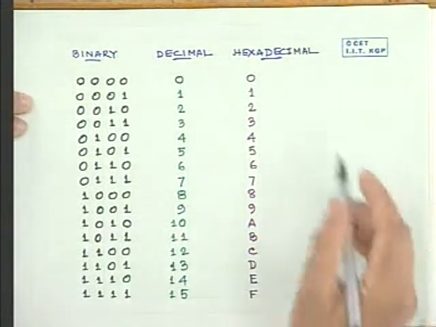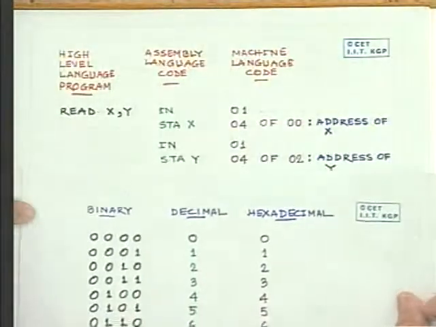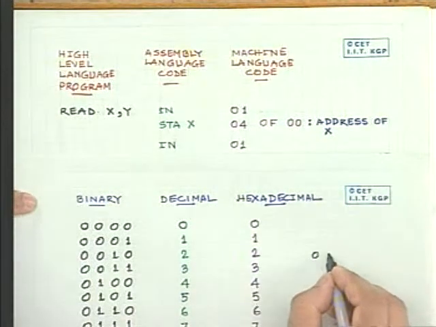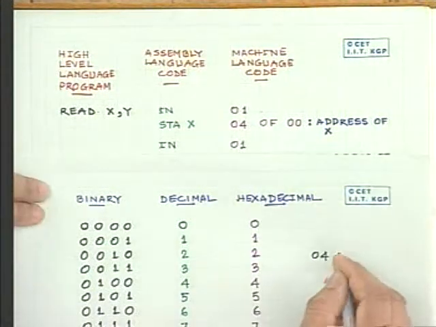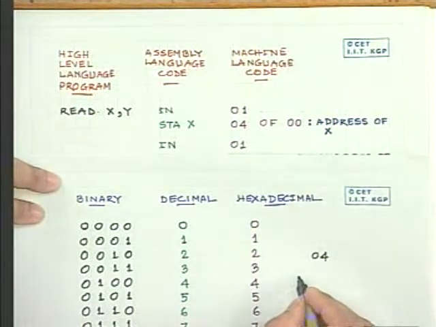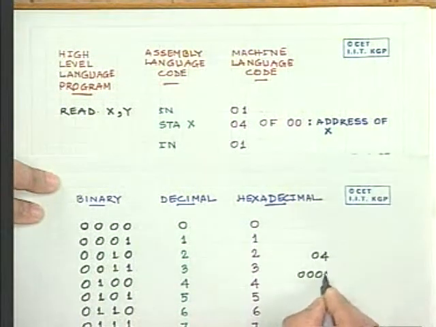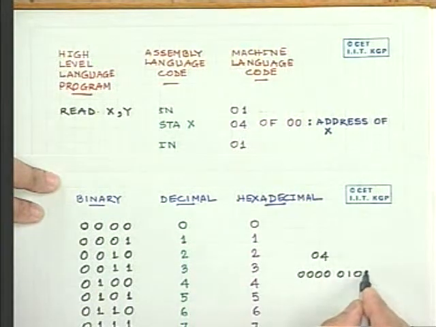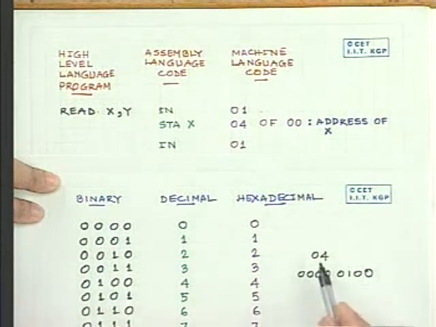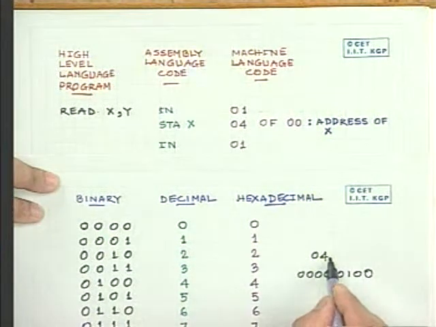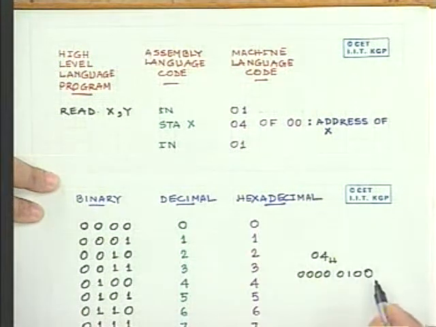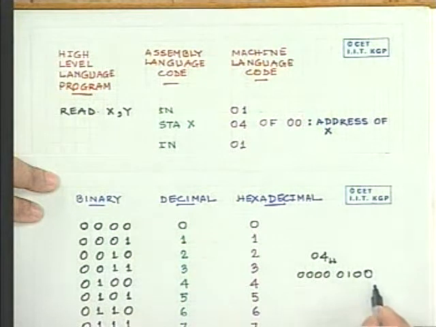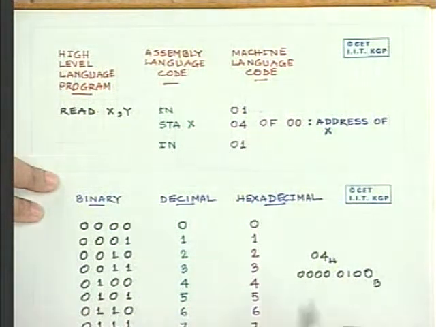For example, now, if we have, say, a hexadecimal figure 04, essentially what I mean is this 0 is 0000, and this 4 is 0100. You see, this is 4. Therefore, when I say 04 in hexadecimal, this turns out to be 00000100 in binary, an 8-bit binary.